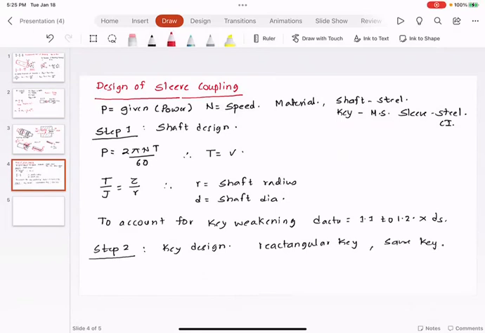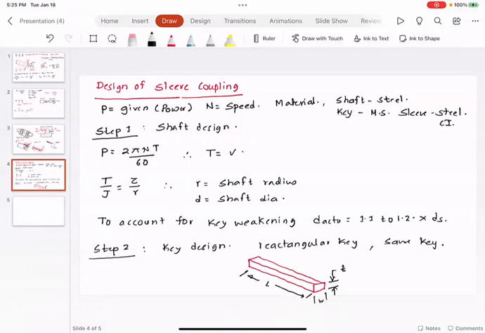So in the rectangular key, the width and the thickness are of different dimensions. So this is the length, this is the thickness, this is the width.